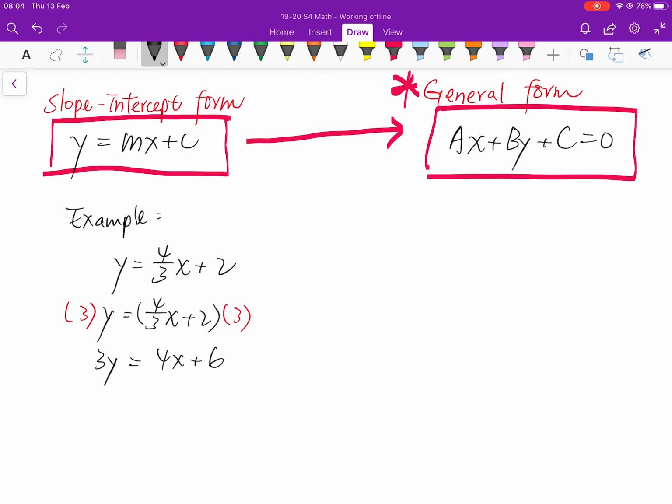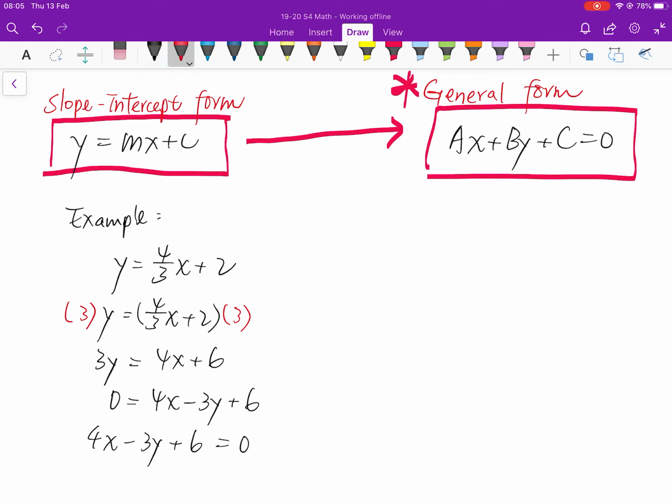Finally, we make it equal to 0, so we simply move the 3y to the right-hand side. It becomes 0 equals 4x minus 3y plus 6. Finally, 4x minus 3y plus 6 equals 0, as I simply exchange the left-hand side with the right-hand side. So this is the general form.